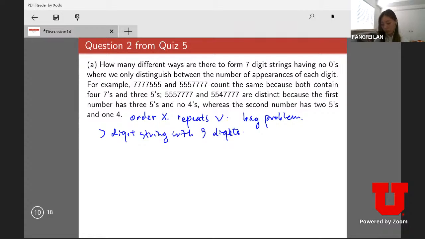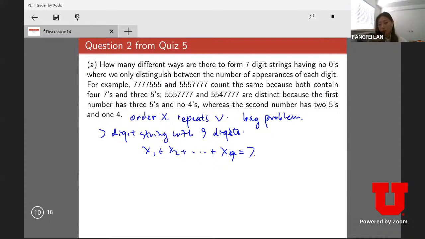So what do we do? This is basically something that looks like, we can use x or n, whichever. So x1 plus x2 plus up to x9 is equal to 7, right? Each of these is a digit, and x1 is the number of times that digit happens to be in the string. So how many different ways?